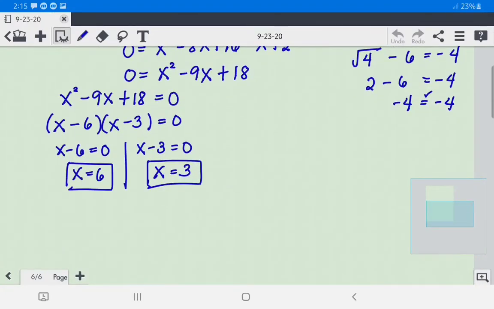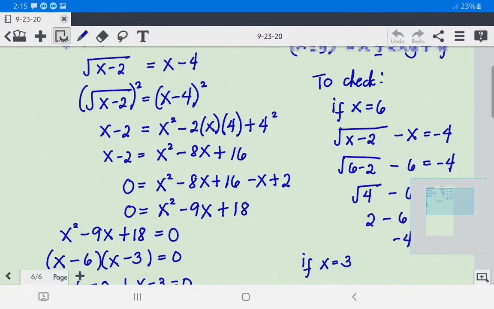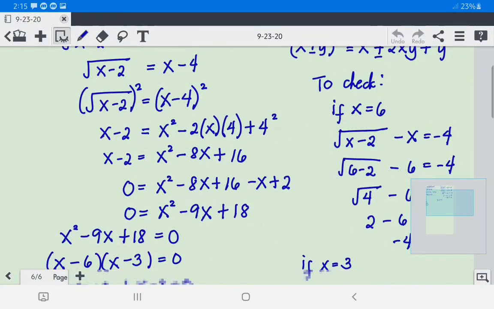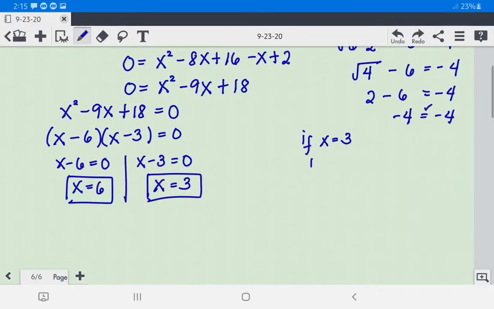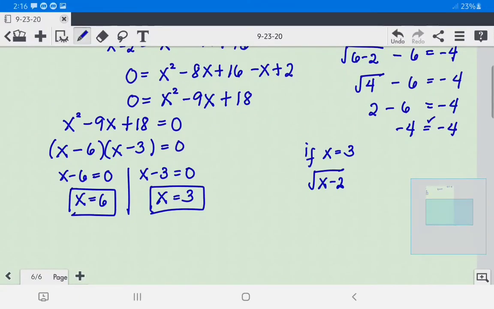How about if x is positive 3? Using again the original equation, we have the square root of x minus 2, then minus x equals negative 4.